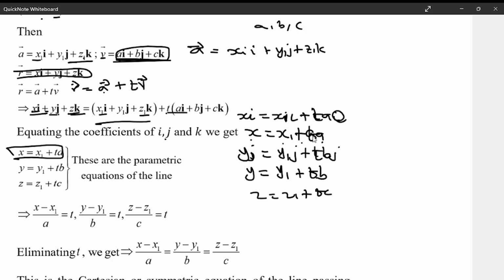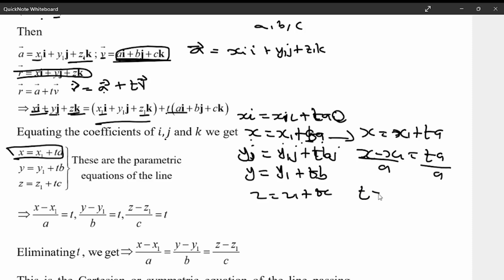Now let's equate all our t's. In this particular equation, x equals x1 plus ta. If we make a rearrangement, we have x minus x1 equals ta. So we divide both sides by a. Therefore, t is equal to x minus x1 all over a.